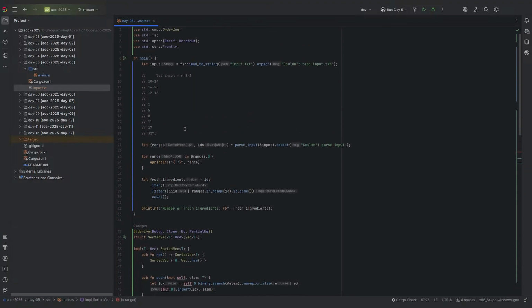Actually, I can check whether or not all the ranges are correctly non-overlapping. How does that work?